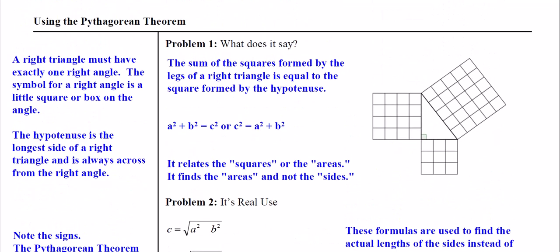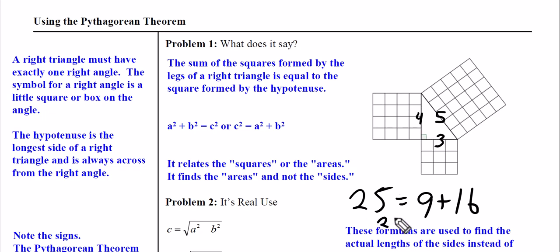Do you remember this one? Well, we didn't do this one. Let's go back. We did actually do this one, right? Because this was 3, this was 4, and this was 5. And 3 squared was 9, and 4 squared was 16, and this was 5 squared, which is 25, and then 25 equals 25.